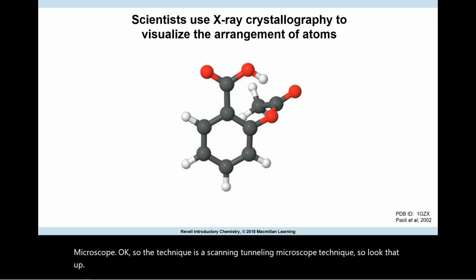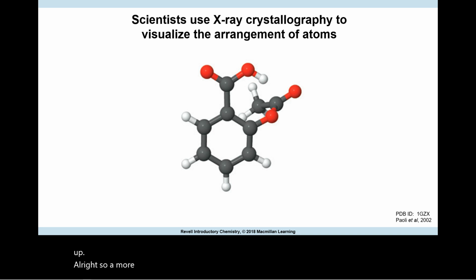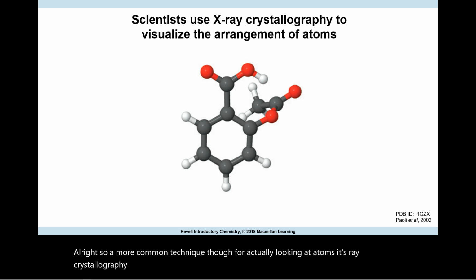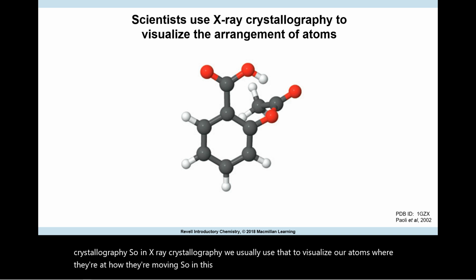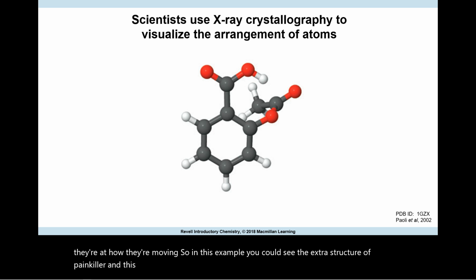All right, so a more common technique for actually looking at atoms is crystallography. In X-ray crystallography, we usually use that to visualize our atoms, where they're at, how they're moving. In this example, you could see the X-ray structure of a painkiller, and this painkiller is aspirin.